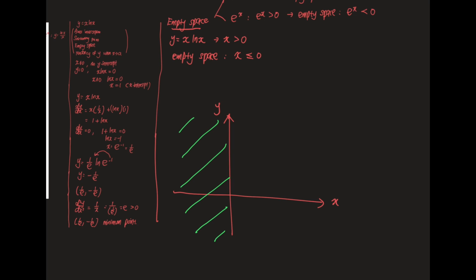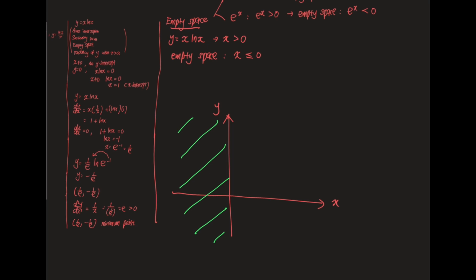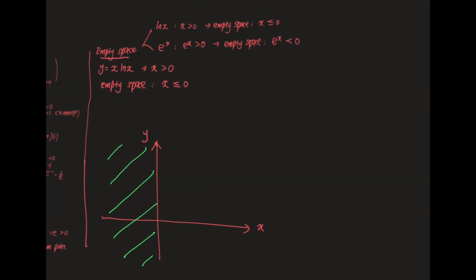Now let's move on. The next technique that we need to use is the tendency of y when x approaches a. Okay, so what value should we consider? First, we consider positive infinity.